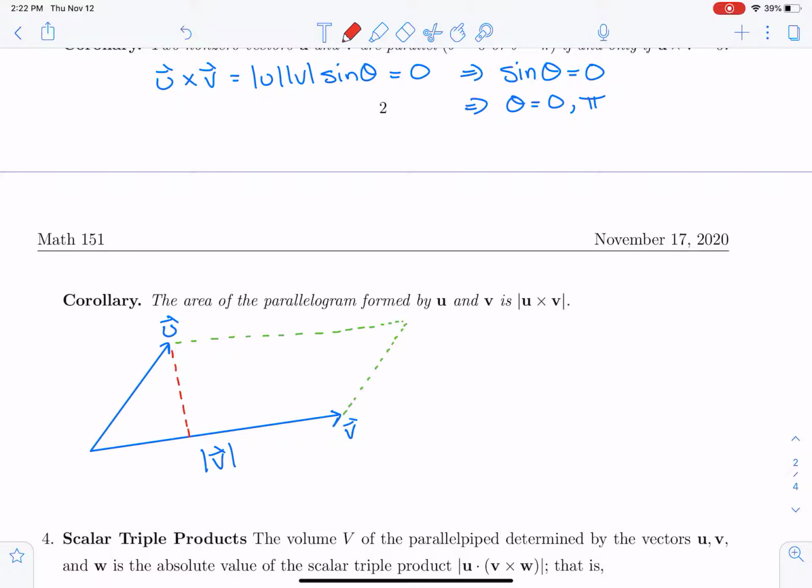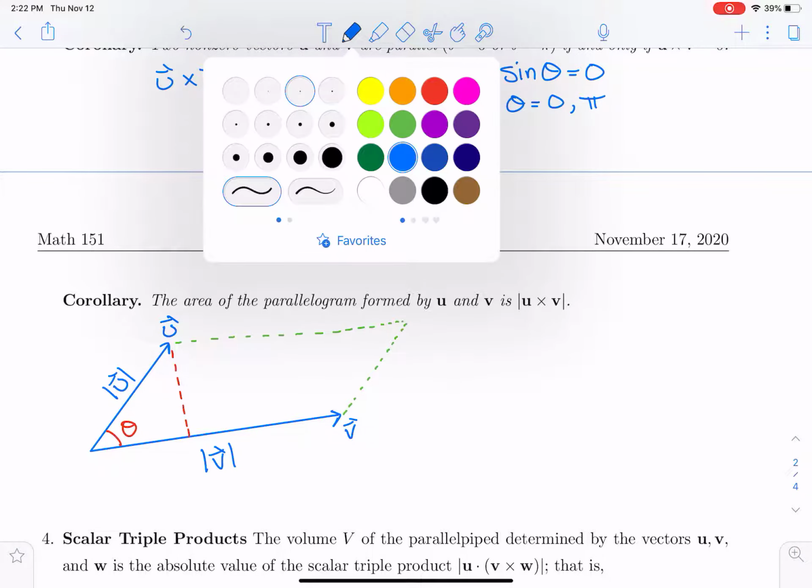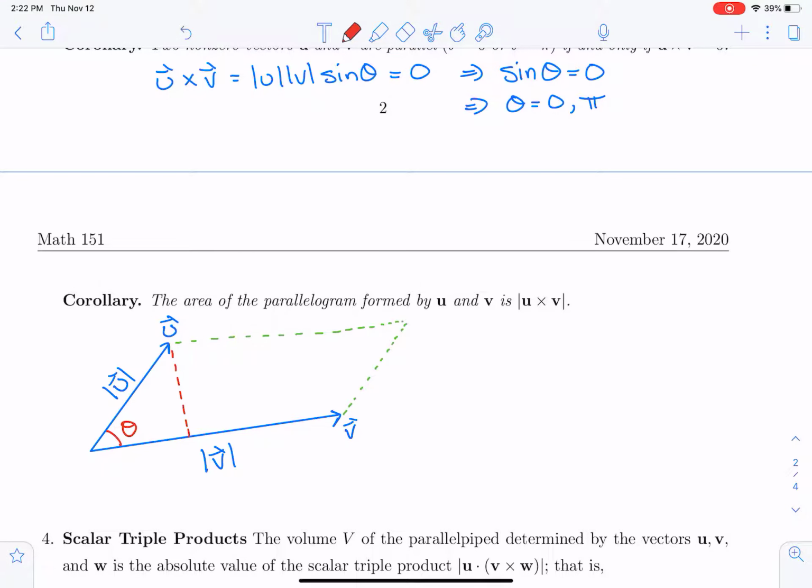There's an angle theta between u and v. And so if u has a magnitude u there, then the length in red, the height, is actually the magnitude of u times sine of theta.